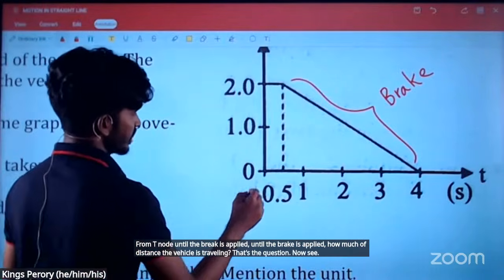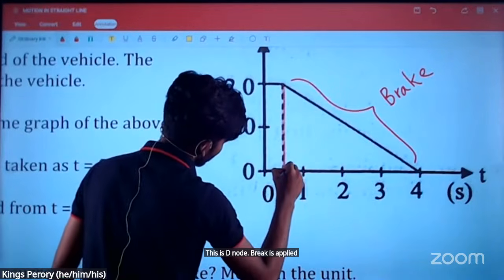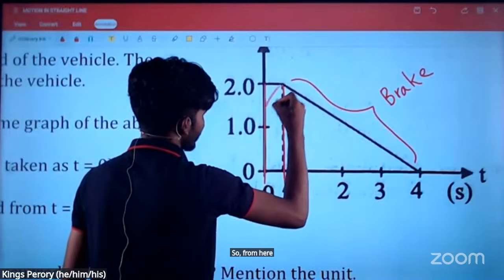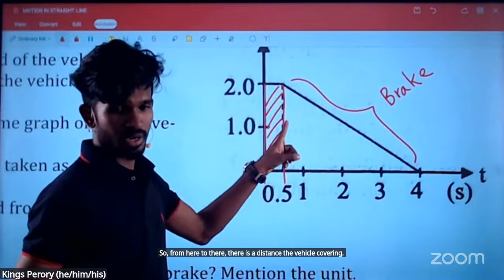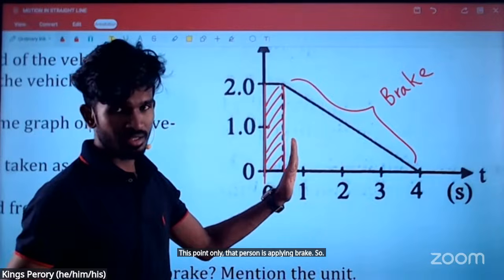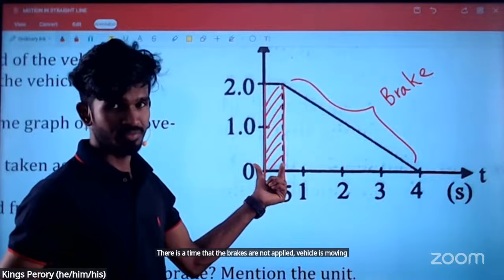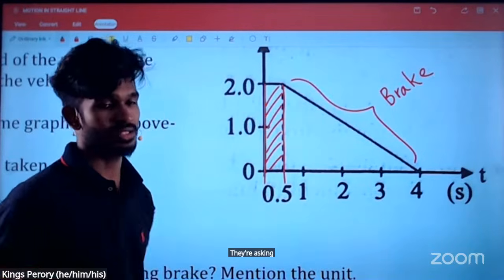See, this is t0. The brake is applied here. So from here to there is a distance the vehicle is covering. Only at this point is that person applying the brake. So from here to there is a time that the brakes are not applied, the vehicle is moving, so there is a distance the vehicle is covering in this part. They're asking for that distance.